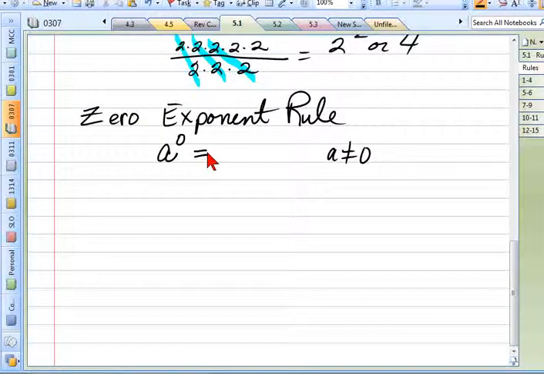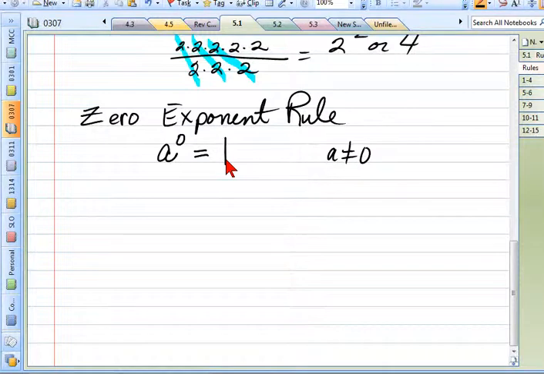Most people think they'll get 0, but they won't. Not if you want it to be right. It is not equal to 0. It's equal to 1. That's not really what your guts tell you to expect. But I'm going to try to convince you that that makes some sense.